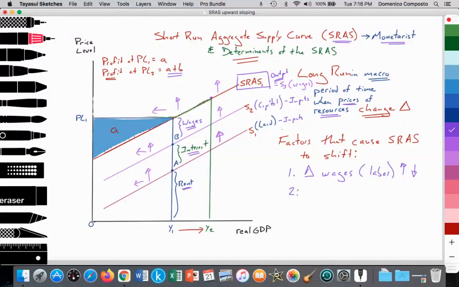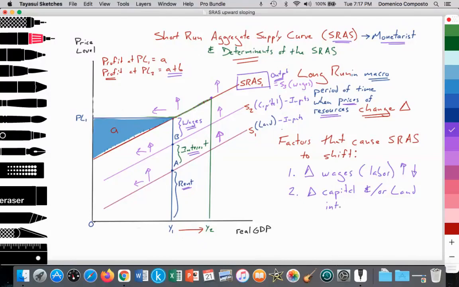Number two, any change in any of the other resources, change in capital and or land resources would lead to a change in interest.